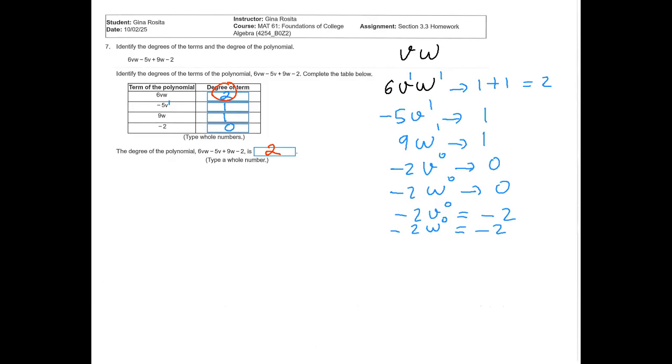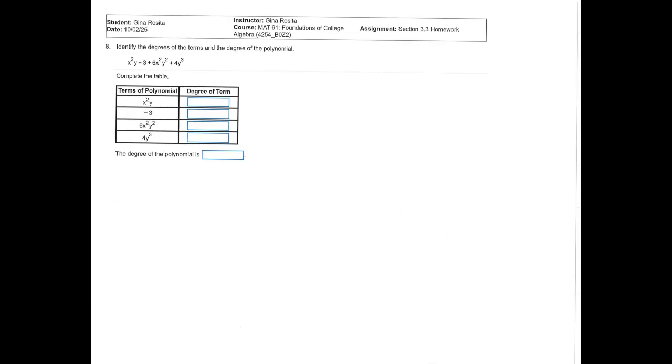Now identify, it's the same, yeah? Identify the degree of the terms and the degree of the polynomial. I just write down first, yeah? x squared y minus 3 plus 6x squared y squared plus 4y cubed.